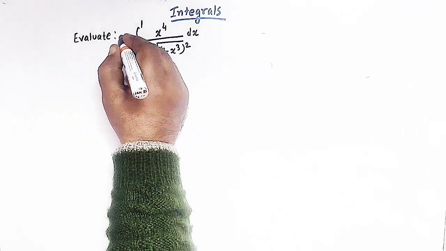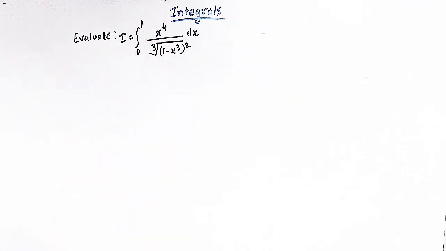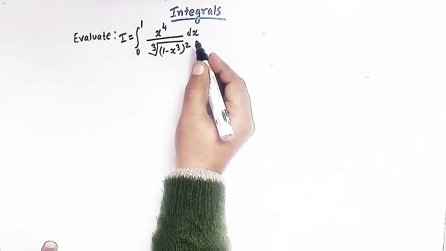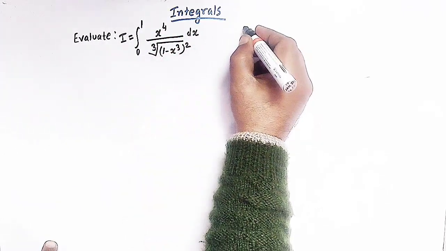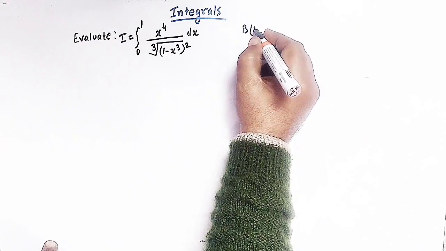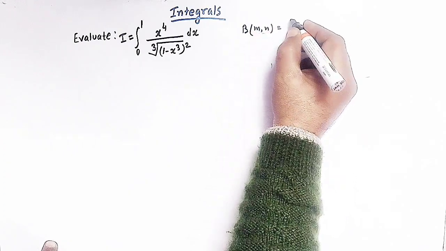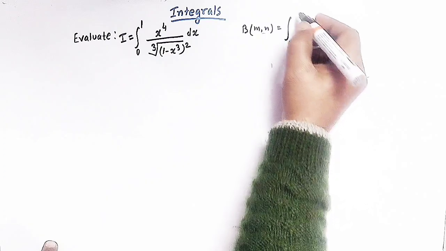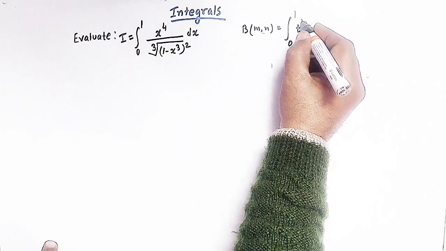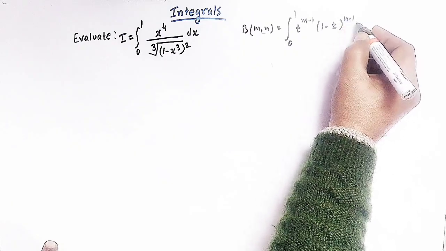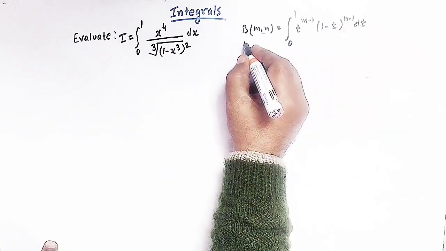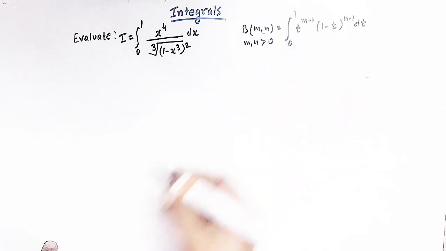So let us call this integral as I, and let us start with the method of substitution, right? Because our aim is to convert this integral into the beta function, that is beta(m, n) is equal to the integral 0 to 1, t raised to m minus 1, (1 minus t) raised to n minus 1 dt, where m and n are greater than 0, right?